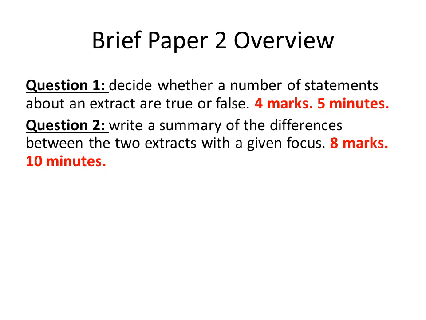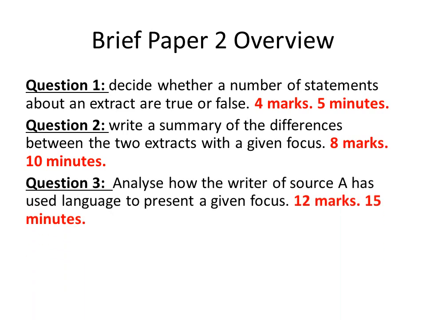Question 2 is the summary question that we're going to be working on today, where you have to write a summary of the differences between the 2 extracts that you get, and they'll give you a particular focus for your summary. That's worth 8 marks, and you should spend about 10 minutes on that.